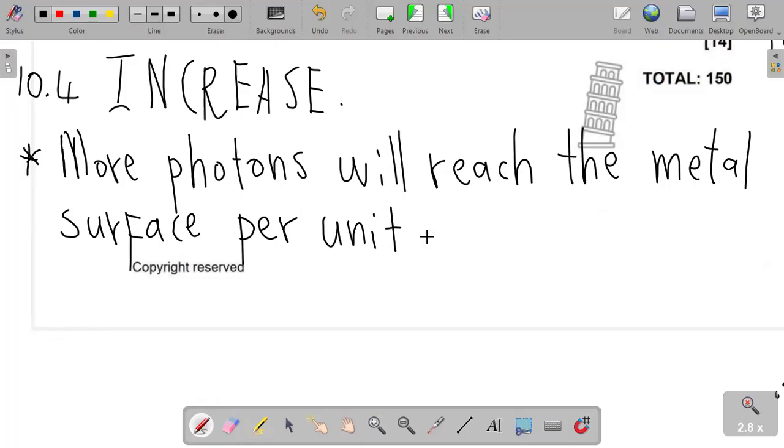So it means more photons of light will reach per unit time.